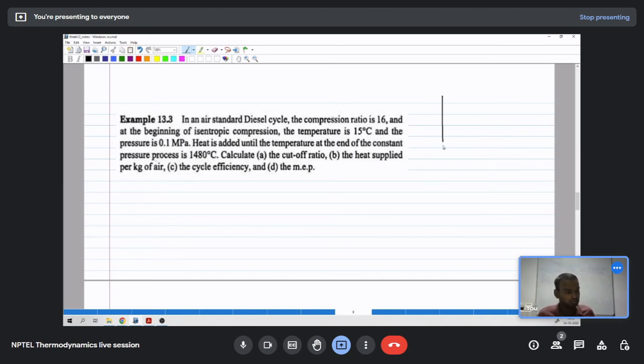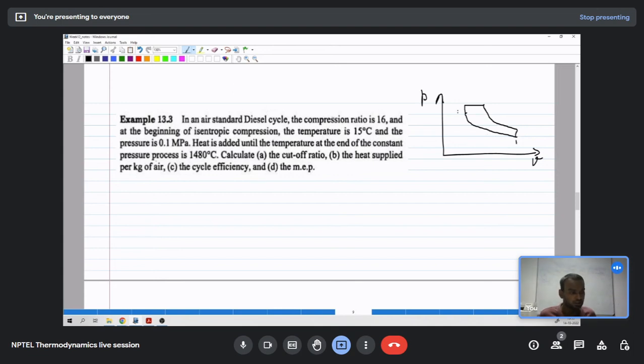So we can draw the air standard cycle. We have isentropic compression, represented by a curve in the PV diagram, and then we have constant pressure heat addition, and then it expands, and then there is a constant volume heat rejection.